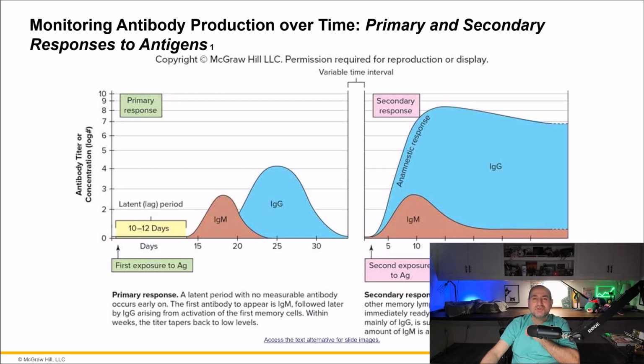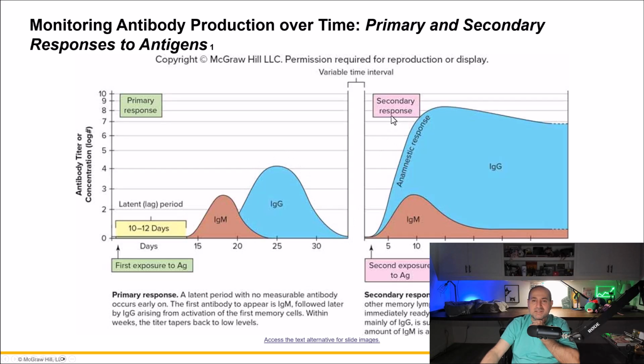And then do you remember when you get a vaccination or when you catch an infection? This is known as primary response if you've never had that particular pathogen or vaccination before. You should know that after a little lag period, it's those IgM antibodies that really spike, followed by IgG, right?